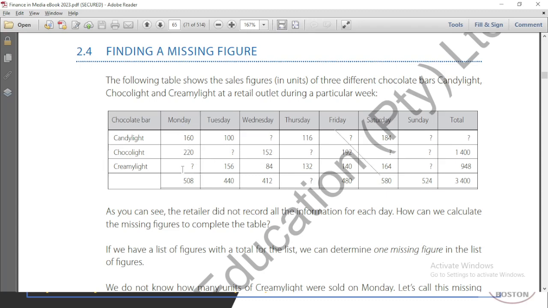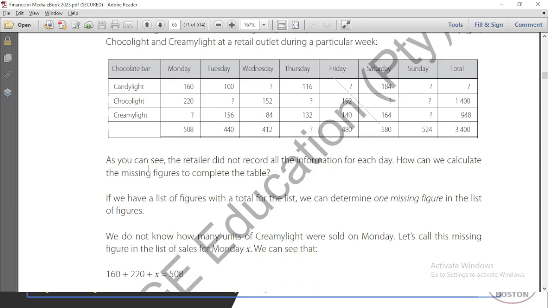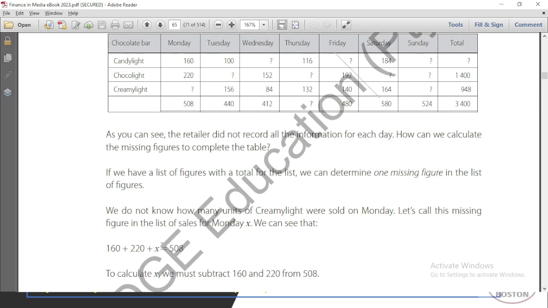We've got Monday. We can solve this first by saying 508 minus all the other chocolates that we sold to get the creamy light chocolate. This is the activity. We're going to assume that creamy light is x, so we're solving for x. We say 160 plus 220 plus x, where x represents creamy light, equals 508.